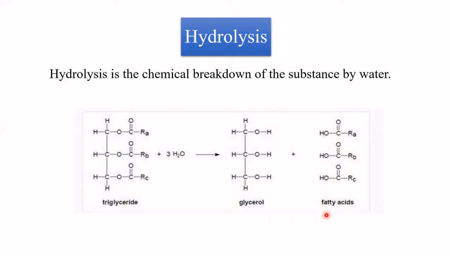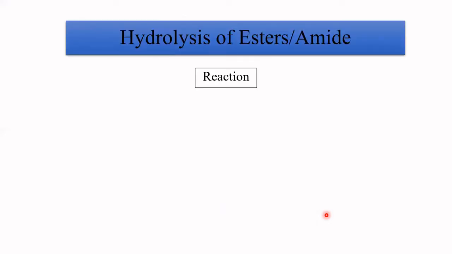That's why the hydrolysis of ester is very important to us, because we are dealing with this reaction in our daily life. So in today's experiment, we are going to talk about the hydrolysis of ester. The ester functional group is RC double bond O OR.